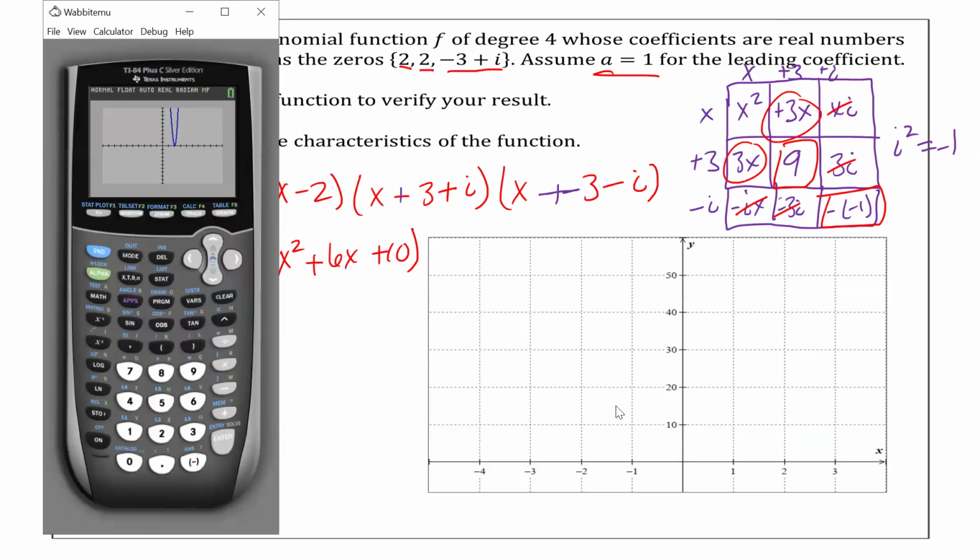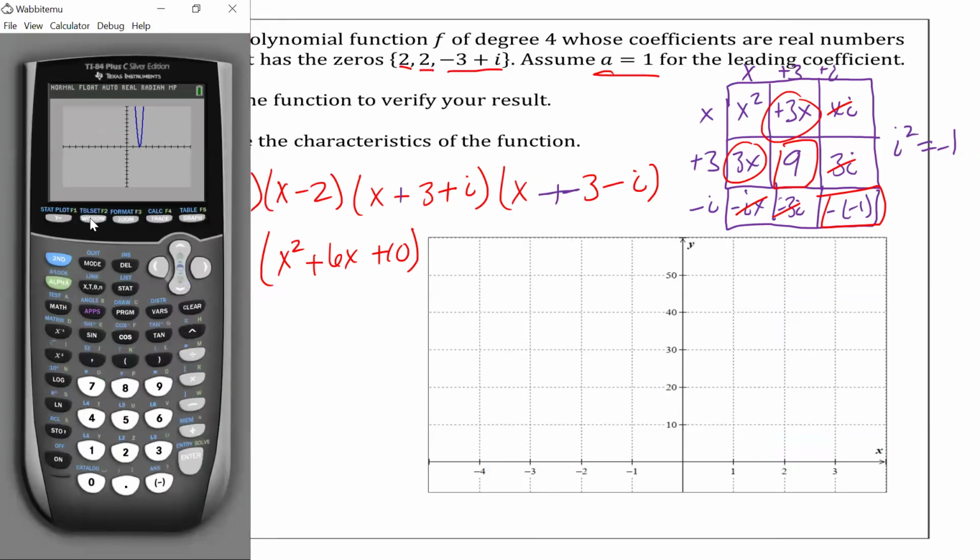So how do I change my view on my calculator? Oh. Window. We want to go to Window. So I want to go from -5 to +5. And then on my Y min, I'm just going to go from -10 up to +60.